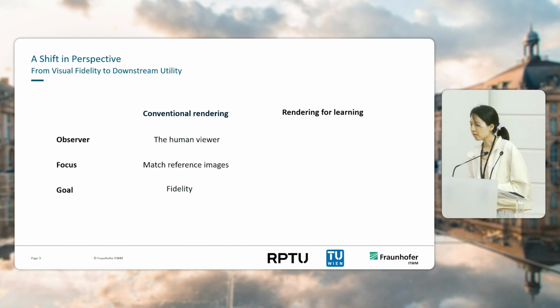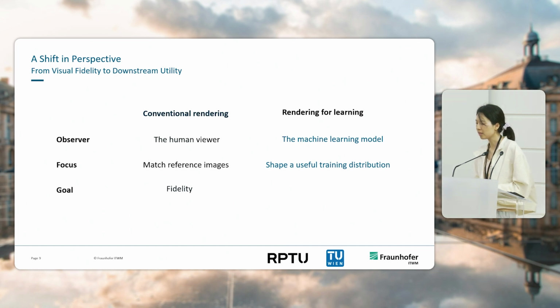But in rendering for learning, the observer is a machine learning model. Our focus is to shape a useful training distribution. But this means that fidelity alone is not enough. We should also ask whether the data actually improves downstream utility, such as segmentation and detection performance.